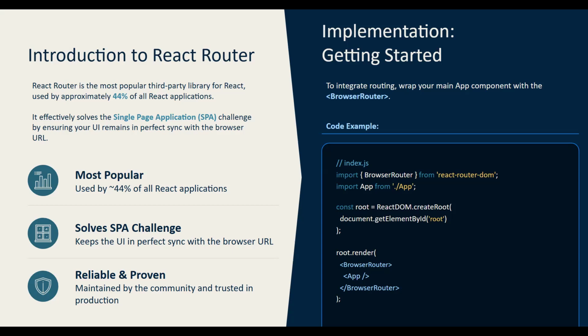You can think of BrowserRouter as the component that gives your app routing capabilities, so React Router can listen to the URL and render the right views. As I mentioned, it's the most popular library, it has been maintained by the community, and it has been reliable in production environments.